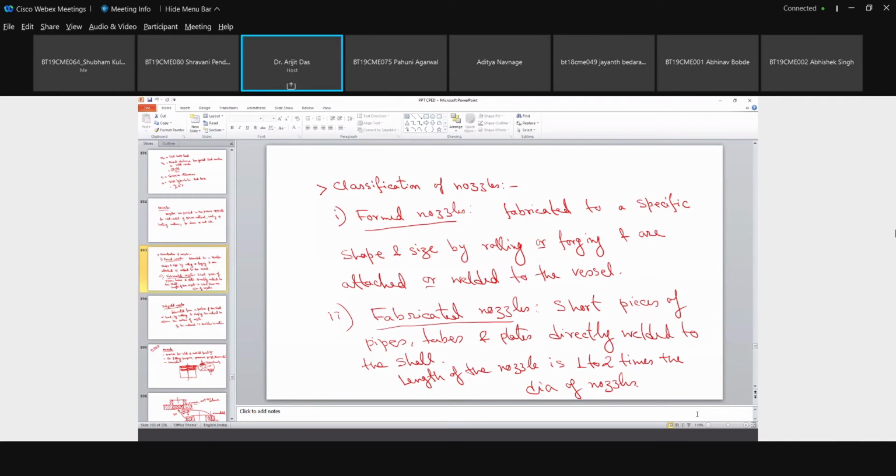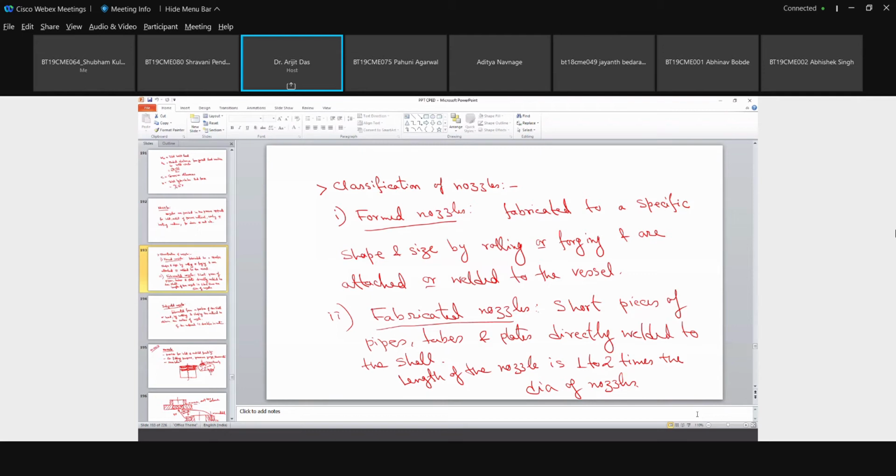Formed nozzle means it is fabricated to a specific shape and size separately, and it is attached to your equipment or the vessels by welding. So it is made separately depending on your dimensions and your material, and you attach it by welding with the equipment.